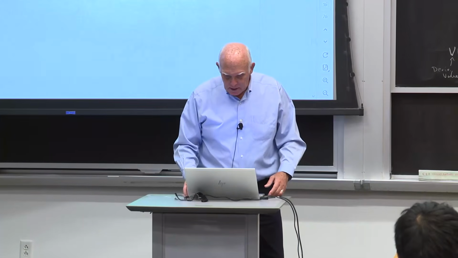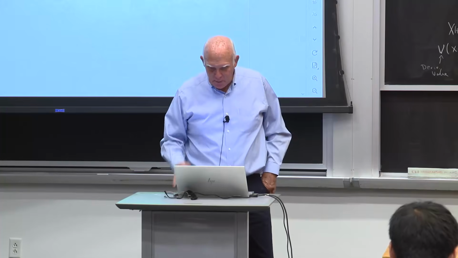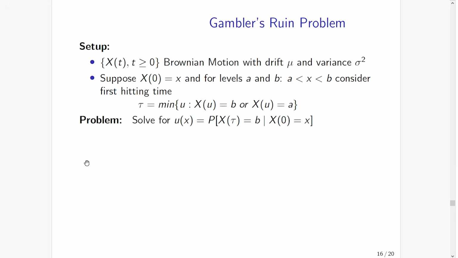All right, so let's consider the problem of Brownian motion underlying a gambler's ruin problem. So let x of t be Brownian motion with drift mu and variance sigma squared, and we'll consider an initial level equal to x that's between two levels a and b.